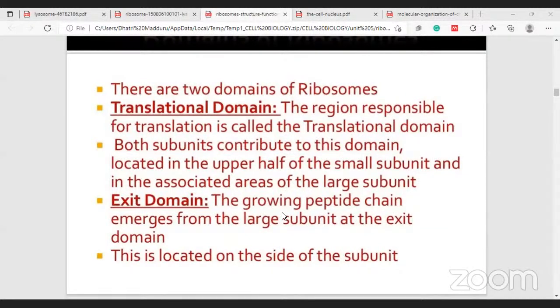During this process, the larger subunit consists of some sites, like the E site and P site, where the tRNA will carry the amino acid which is complementary to the codon, and that will add to the growing polypeptide chain. Once the complete polypeptide chain is synthesized, it will be removed from the exit domain.